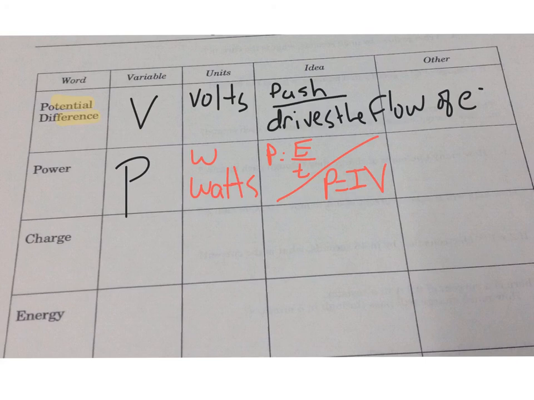Now, our next topic here is charge, and we use a Q. We can use a capital Q or a lowercase q. I'm going to put a capital Q there. Its unit is C, and it is coulombs.